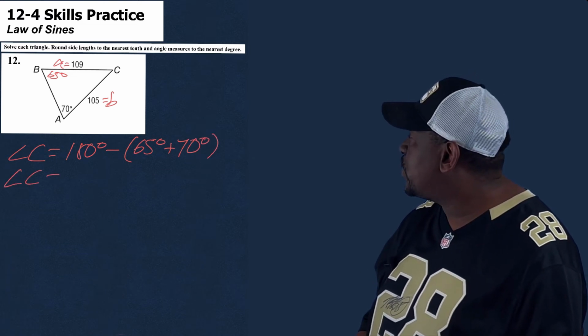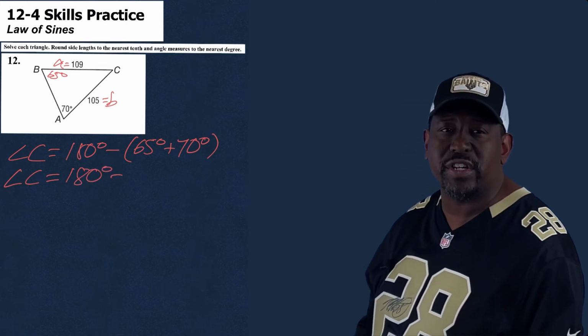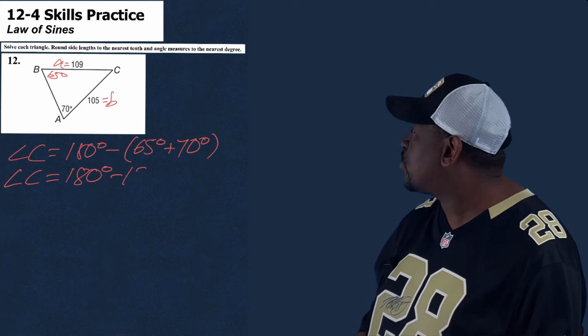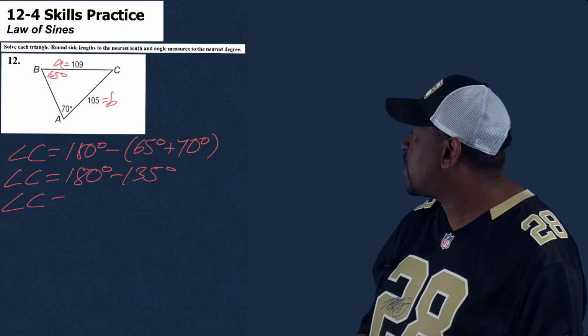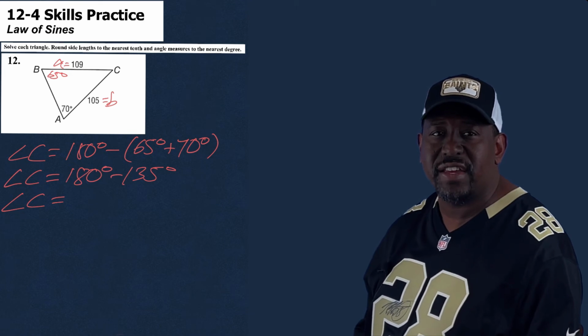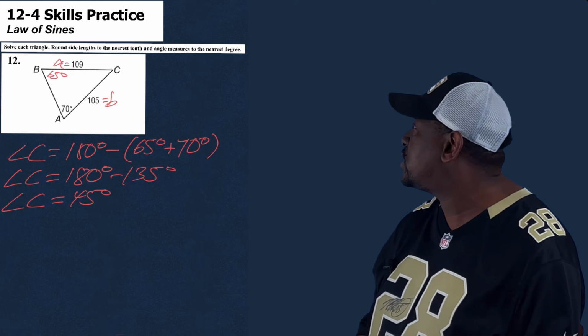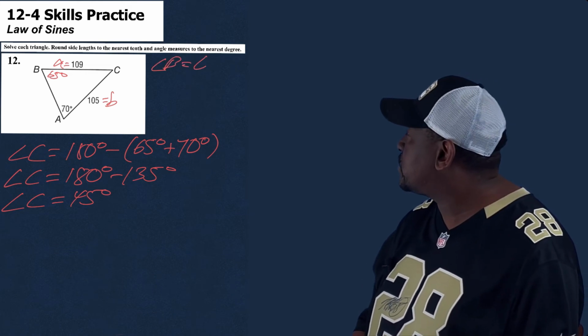And so when we add those together, we will get 135 degrees. So 180 degrees minus 135 degrees should give us the value of angle C. And that means angle C will be what? Well, get your calculators and solve that. Looks like angle C is 45 degrees. And so that is the value of angle C.